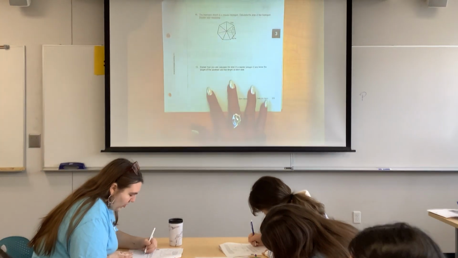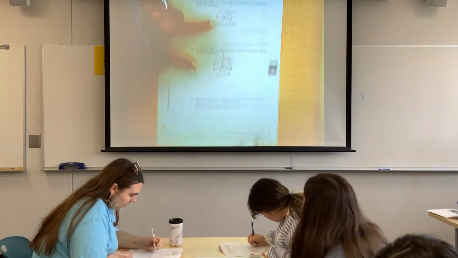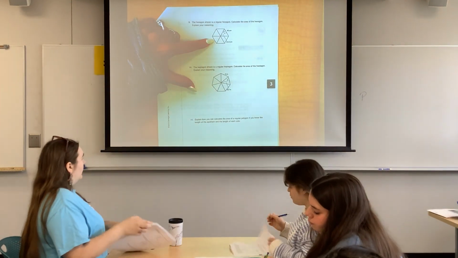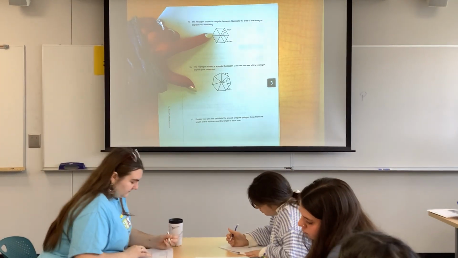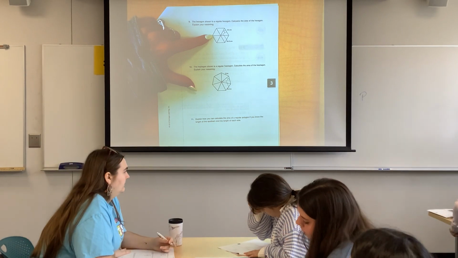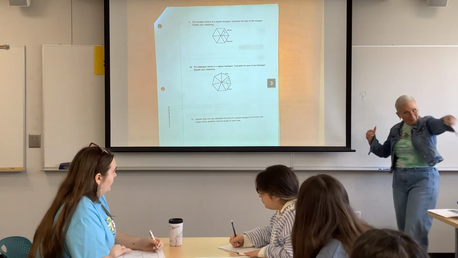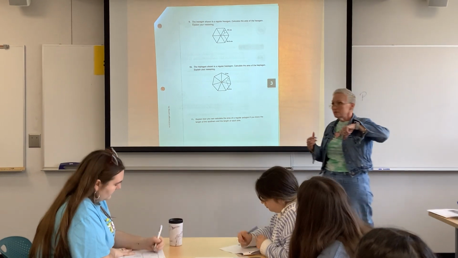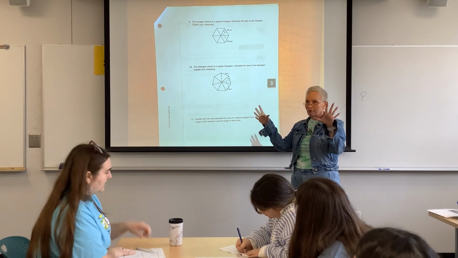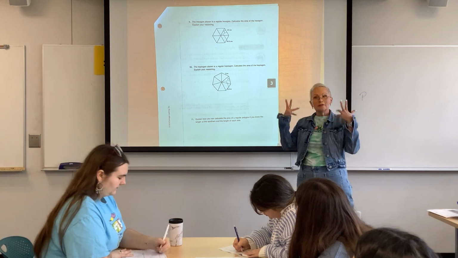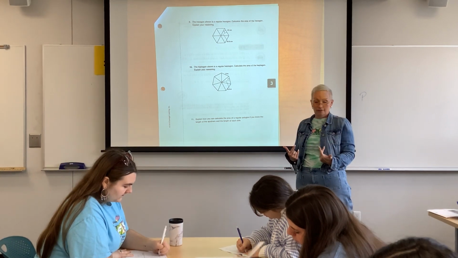So, look at this one. This one's not an octagon anymore, it's only a hexagon. Could you find the area of that hexagon? What would you do? Find the area of one of those congruent triangles and just multiply it by 6, because you got 6 of them. That works with every regular polygon.